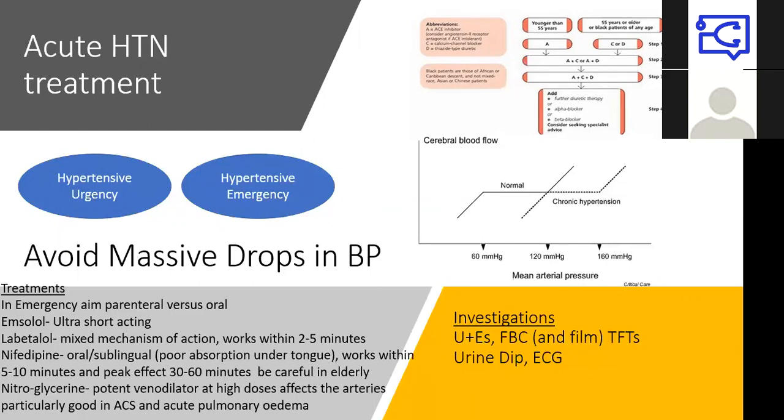And so in that instance they can have a watershed stroke. The same thing would happen to every organ system. They could get myocardial ischemia, worsening ischemia. They could have worsening renal failure as a result of renal infarct. You see where I'm going? So you want to avoid massive drops. That's why it's very important to differentiate between these two.